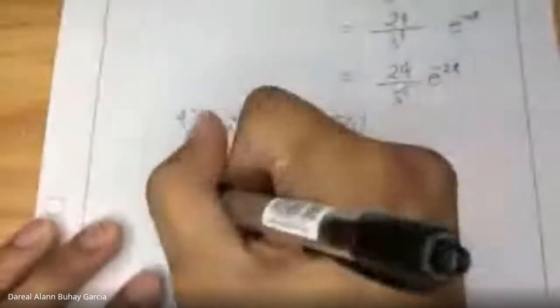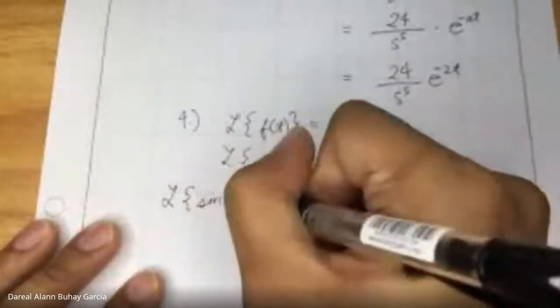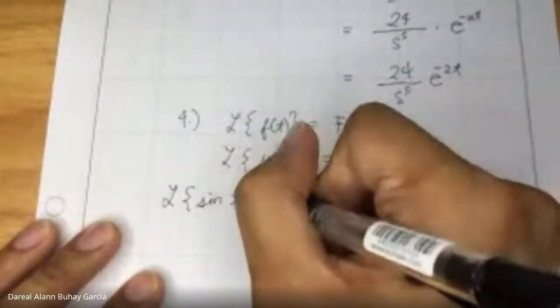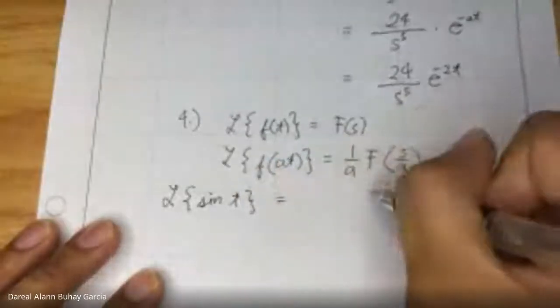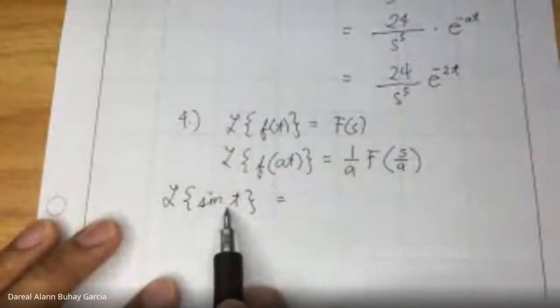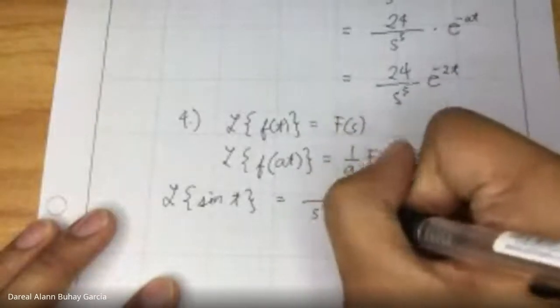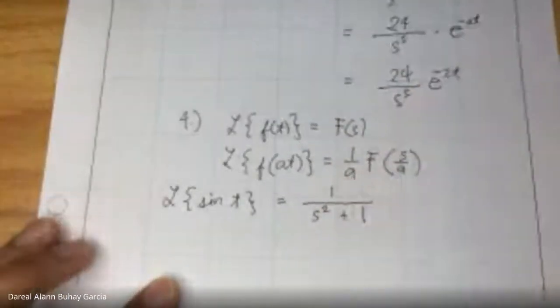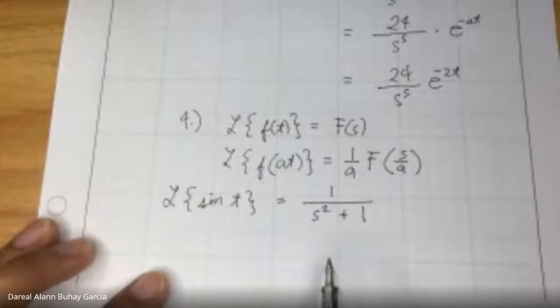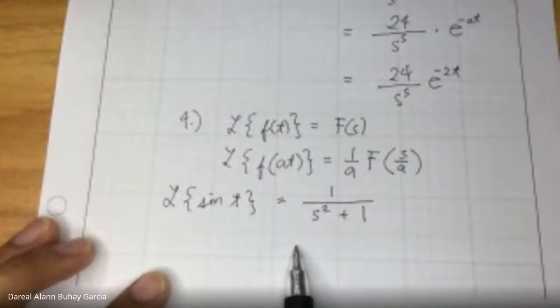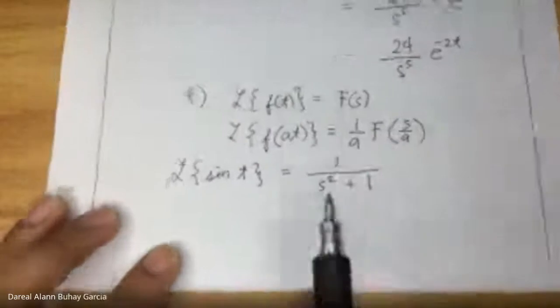Okay? Let's say for example, pakita na to ang Laplace transform ni sin t based sa table. This is our a is 1, di ba? 1 over s squared plus 1. Correct?